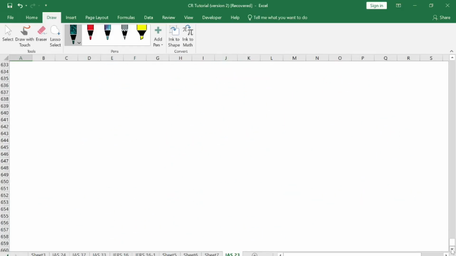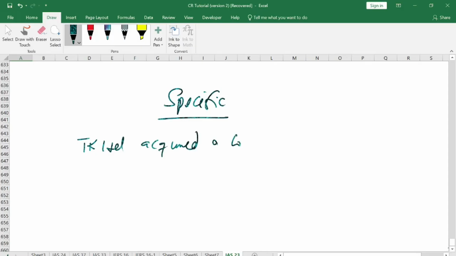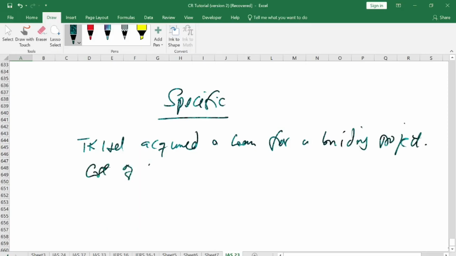Okay. So you also have what you call specific. Now, under the specific it is simple. With regard to specific, the loan was acquired solely for the project. Example, if TK Limited acquired a loan for a building project, cost of the project is 100 million.